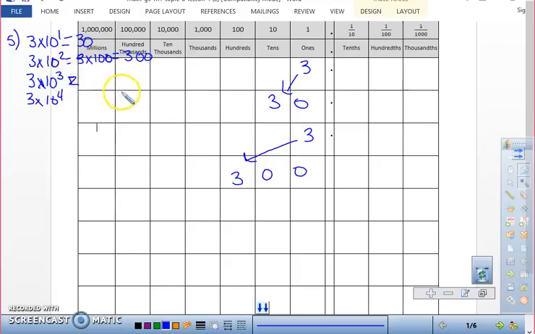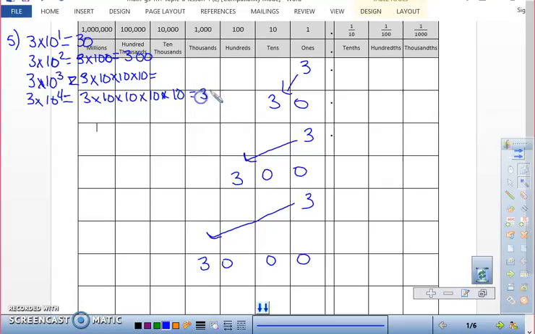If I'm multiplying 3 by 10 to the third power, I'm moving it over 3 place values, or 3 times 10 times 10 times 10, which would be equal to 3,000. I don't have room on my place value chart, so I'm just going to do that one up here. If I have 3 times 10 to the fourth power, I have 3 times 10 times 10 times 10 times 10 equals 30,000.